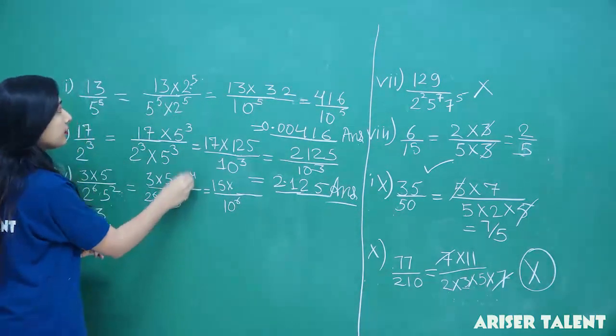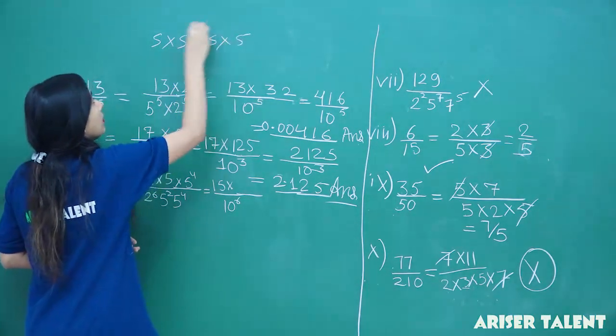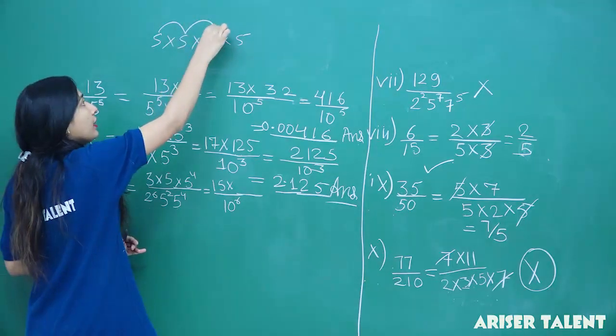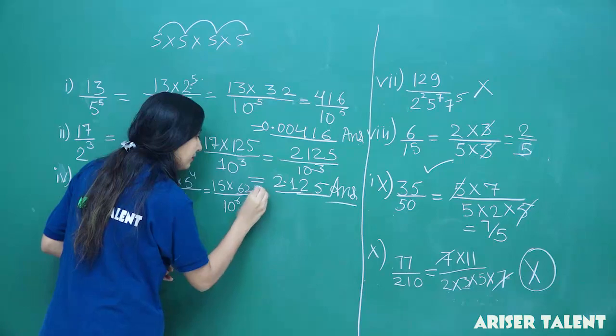Now this will be what? 5, 25, 125, 625. 625.